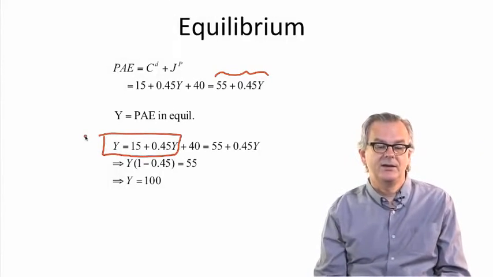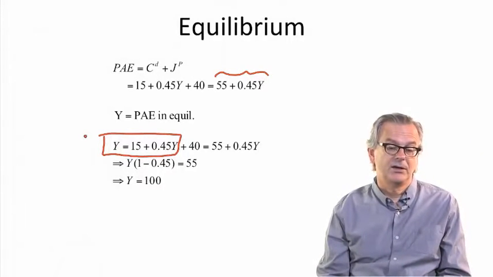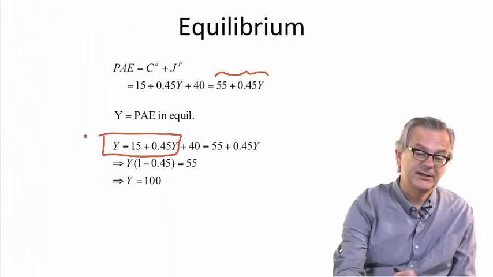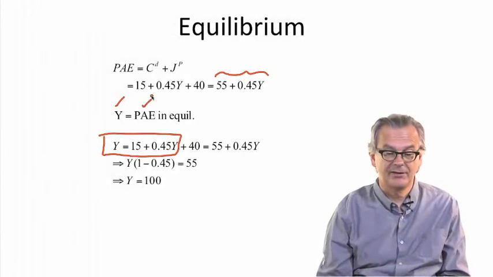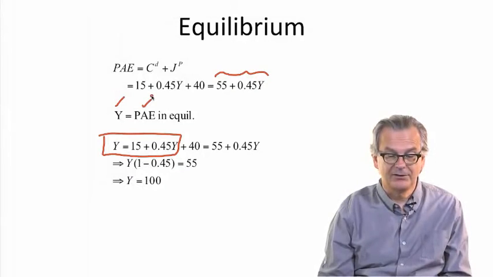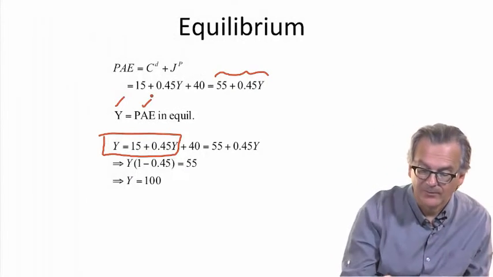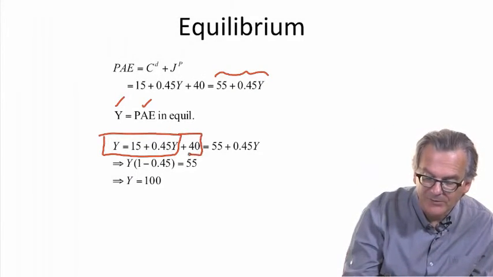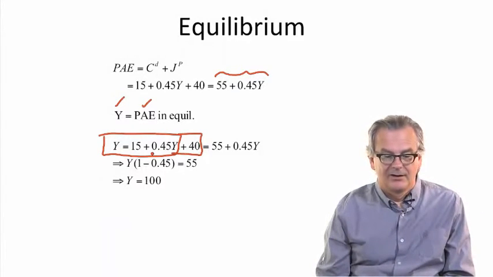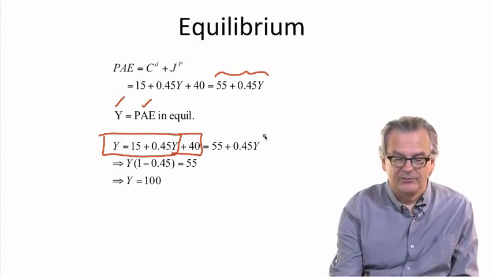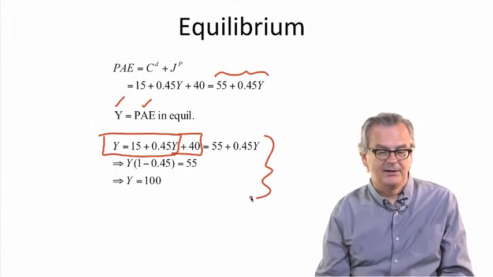So what you're really looking at is an algebraic way of saying in equilibrium, we must have GDP equivalent to planned aggregate expenditure. Apologies, we should add the extra 40 there as well. Here I've just done it for you, but you can check if you like.